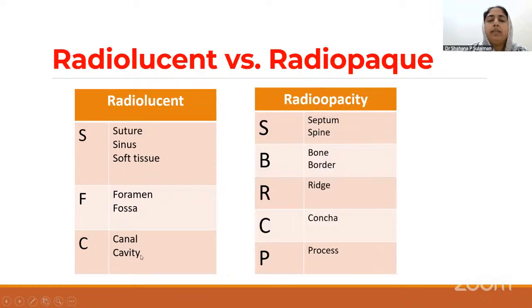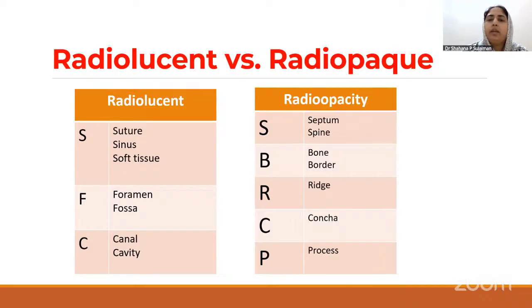All these structures contain either soft tissue, an air cavity or a fluid-filled cavity, so they allow the X-ray to easily pass through and appear more black on a radiograph. Those structures that appear radiopaque block the X-ray to a certain extent, so a minimal amount of X-ray reaches the film and they appear more white.